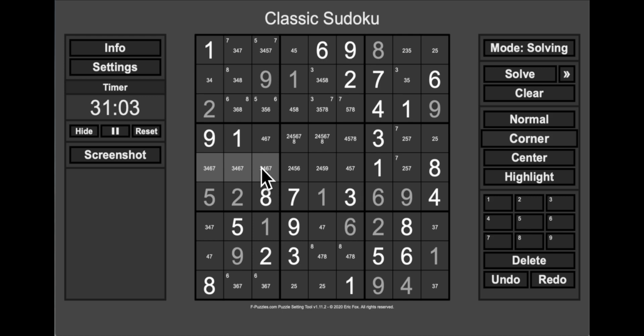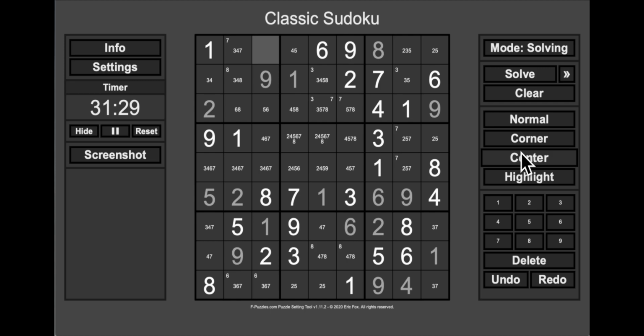Not enough to go on. Let's say this was. This is 6 or 8. This is 5 or 6.